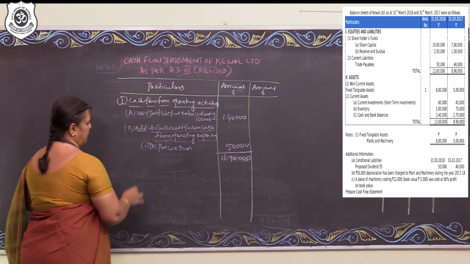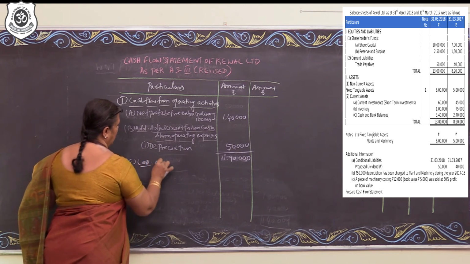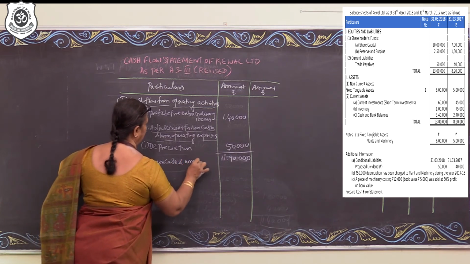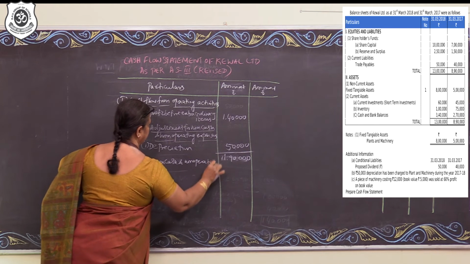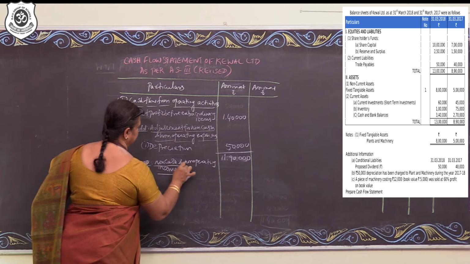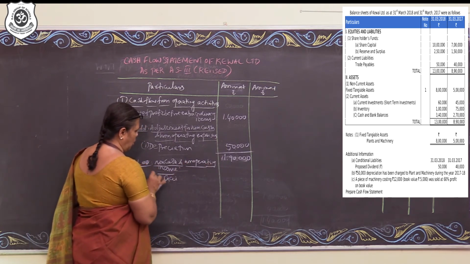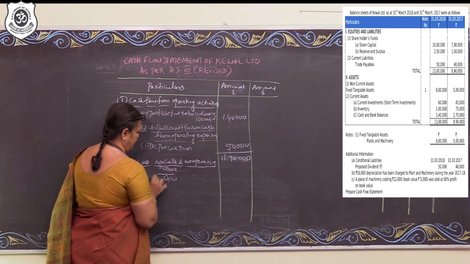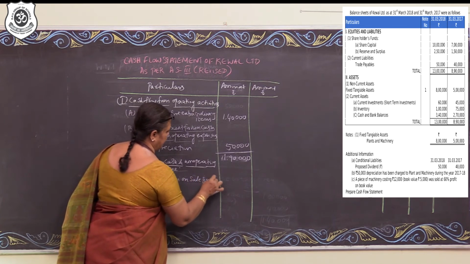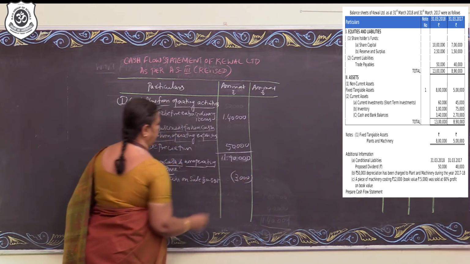From that, we subtract, less non-cash and non-operating income. You have gain on sale of asset, which is 3,000 rupees.